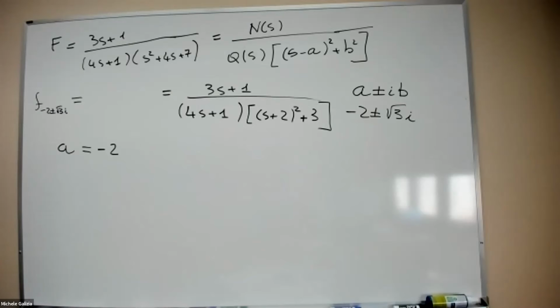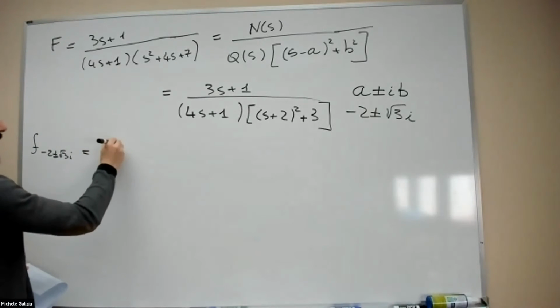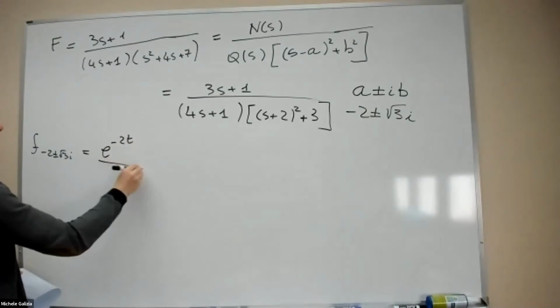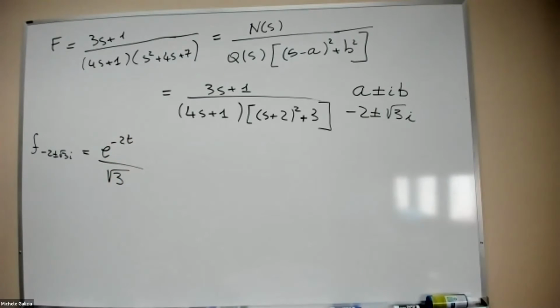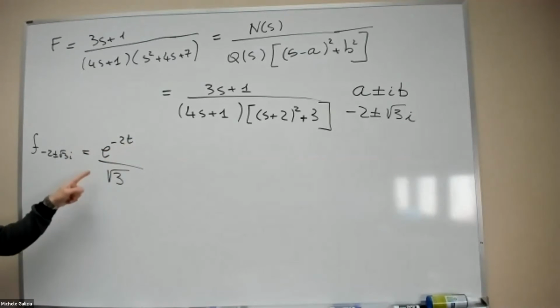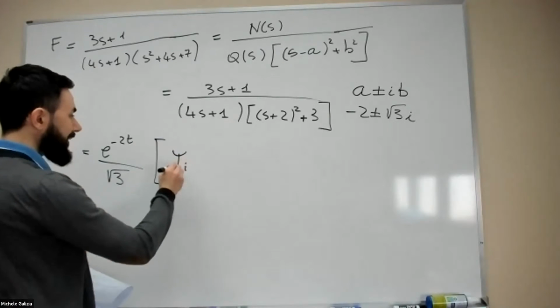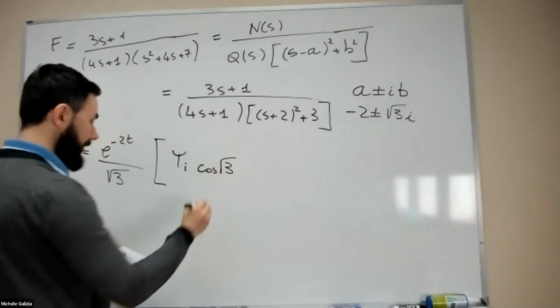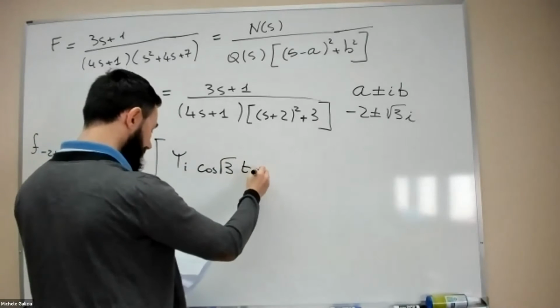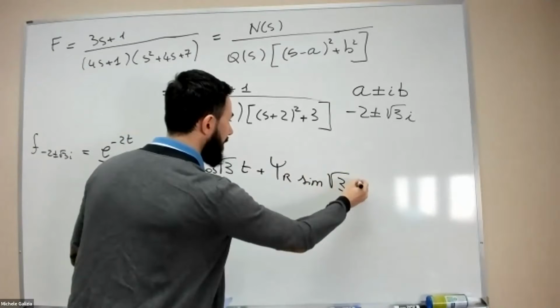Yes. Okay. So, basically, the contribution associated to this complex pole, just look at the formula. Exponential of minus 2t divided the square root of 3. Exponential of at divided b. Can you recognize this? Yes. Times psi I, cosine of radical 3 t, plus psi r, sine of radical 3 t.